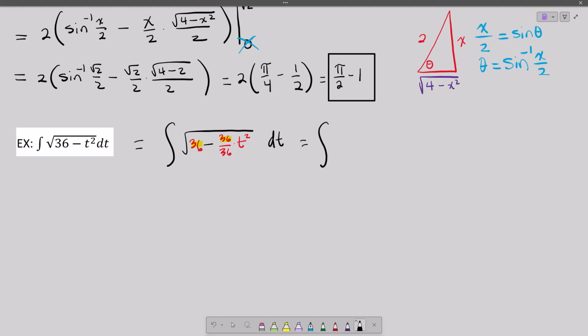So let's do it one step at a time. Let's stay within the square root for a second. So 36 times 1 minus t squared over 36 dt. So this 36 here is being factored out of both of those terms.